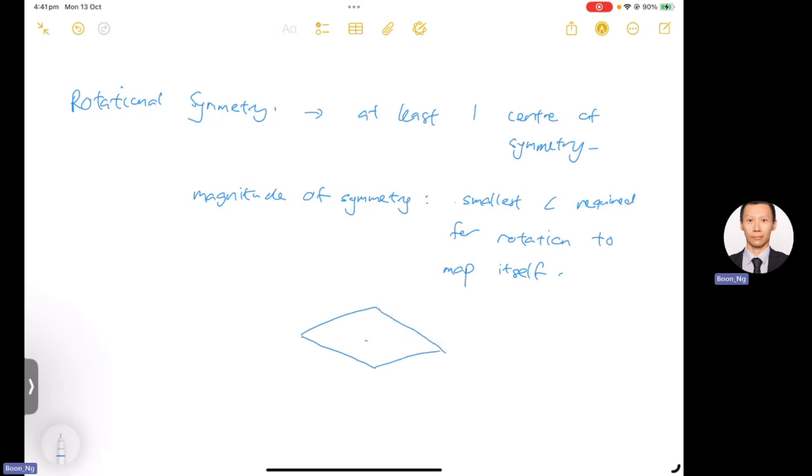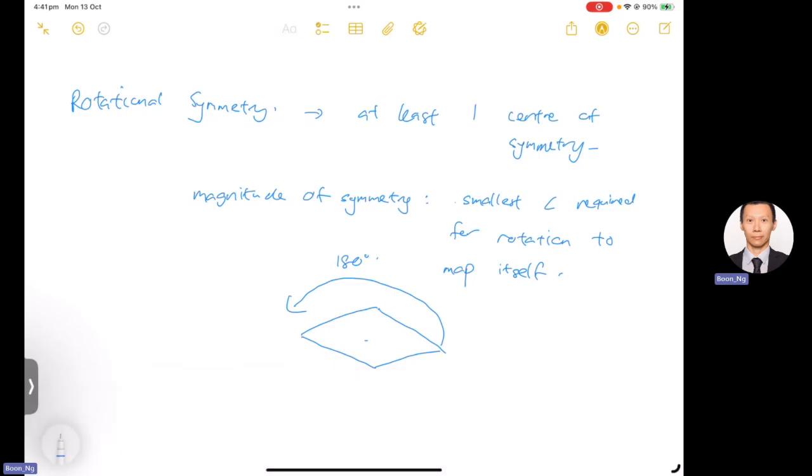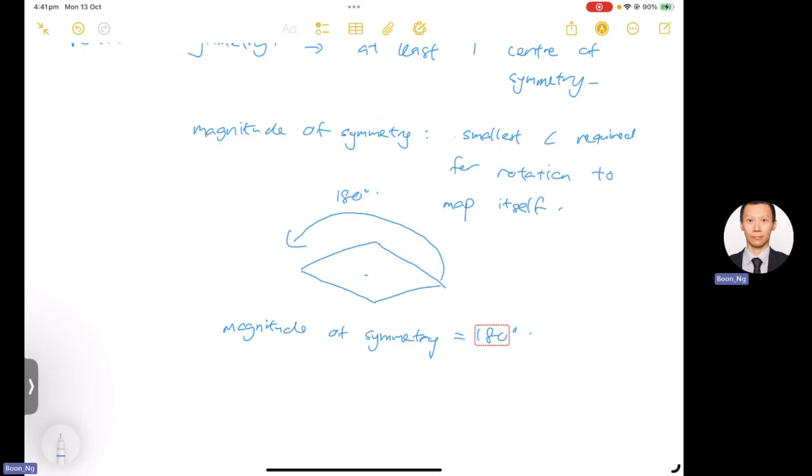For this one, you will require 180 degrees. So the magnitude of symmetry for this one is 180.